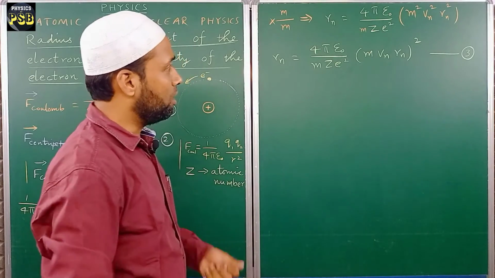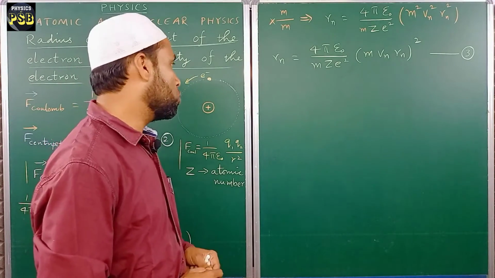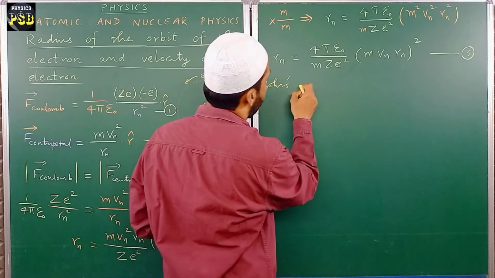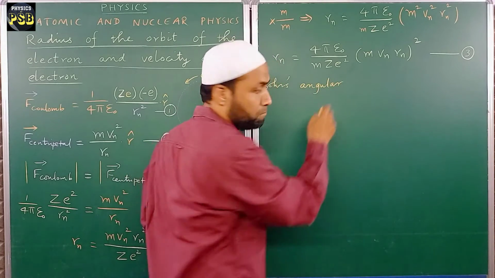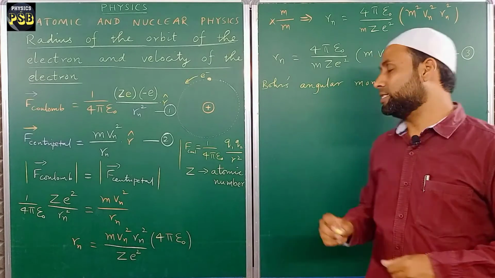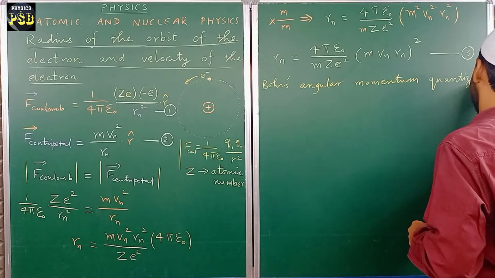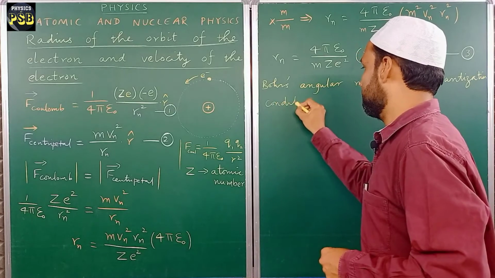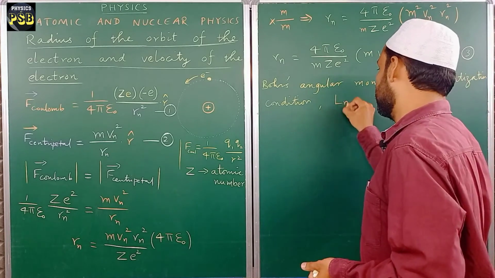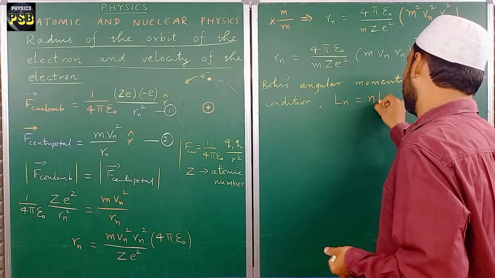Now, according to Bohr's angular momentum quantization condition, it says that angular momentum, which we have taken as Ln, is equal to n h bar.